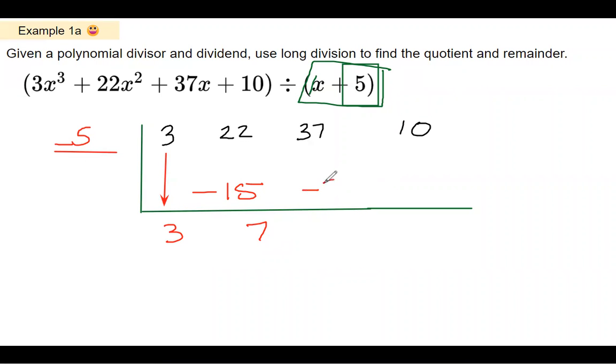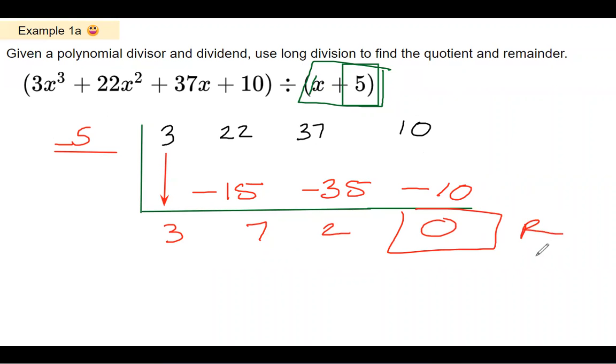Let's combine these two values together. 7 plus negative 35 is positive 2. Negative 5 times positive 2 gives me negative 10. Let's combine these two and it gives me 0. 0 is going to be my remainder here.